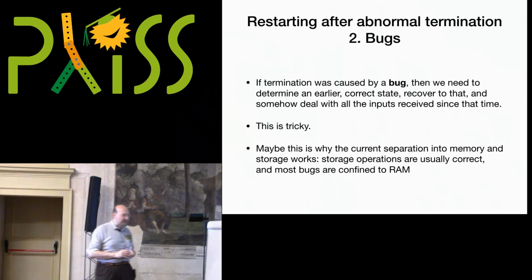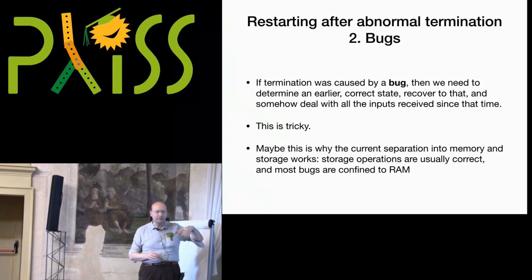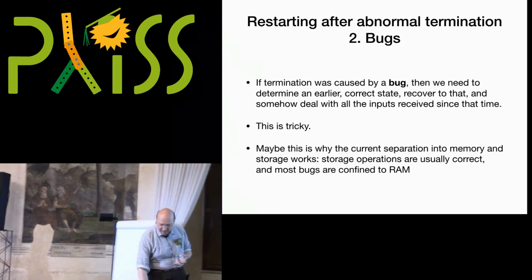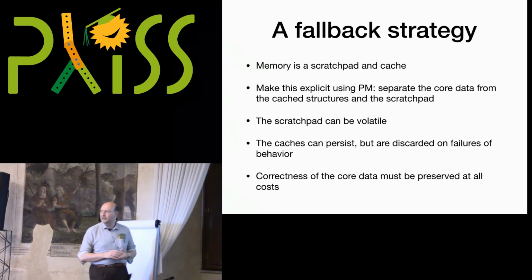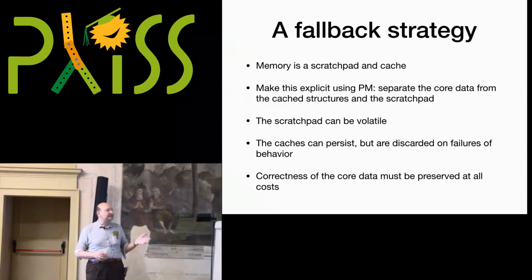And so perhaps this is the hint of how to manage this, that we have to partition our data into the stuff we really care about and the stuff that we can throw away at a restart. So maybe one strategy here is to treat file storage as the core stuff that we care about.